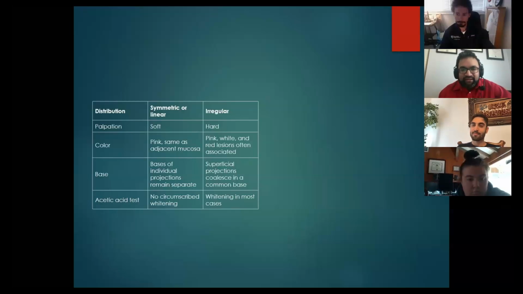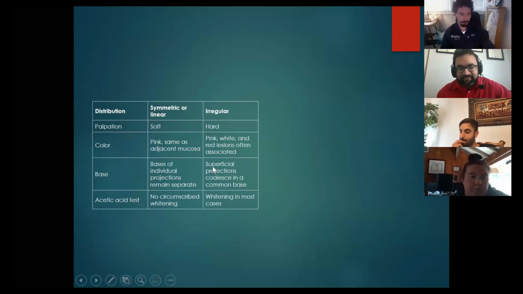And then the palpation, it's actually harder, whereas if it's symmetric, if it's benign, then it's soft. And of course, the colors are distinct between the two. The bases are different. And when you do an acetic acid stain, this is how it looks.